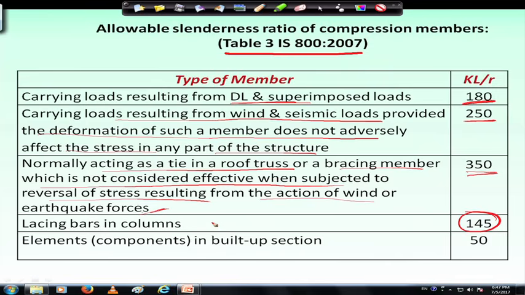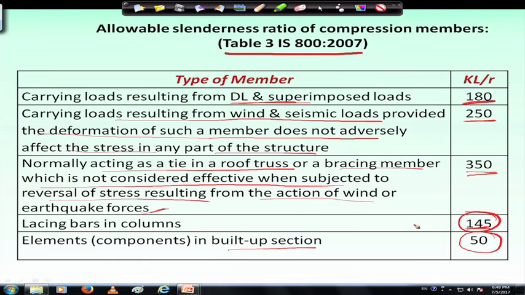In such cases the slenderness ratio should not be more than 145, and for different components in a built-up section, the allowable slenderness ratio should not exceed 50. So, this is how we have to follow this codal provision while designing the member, right.